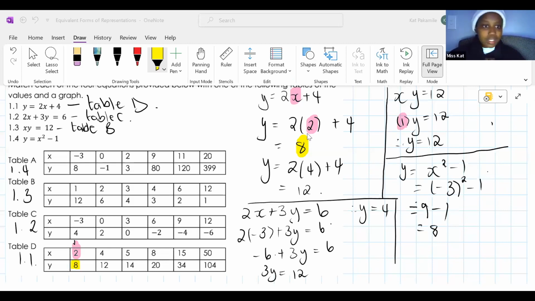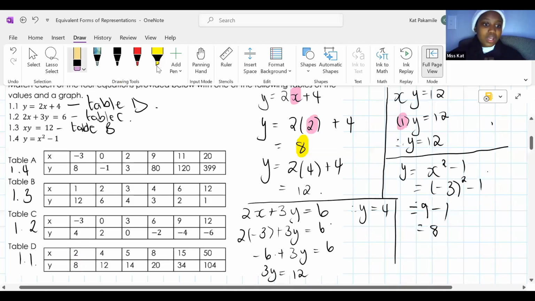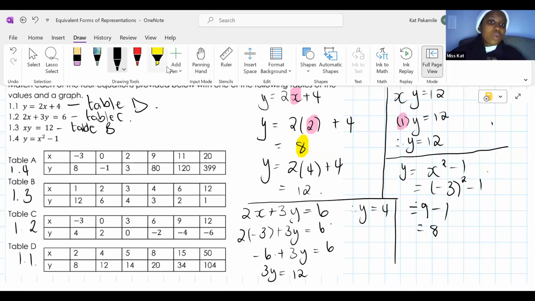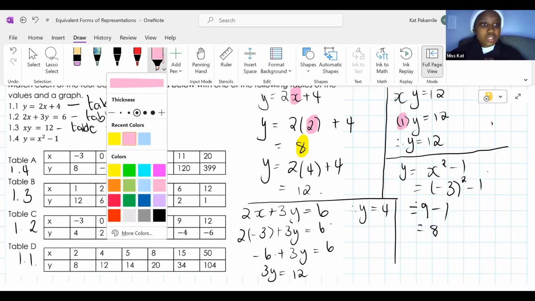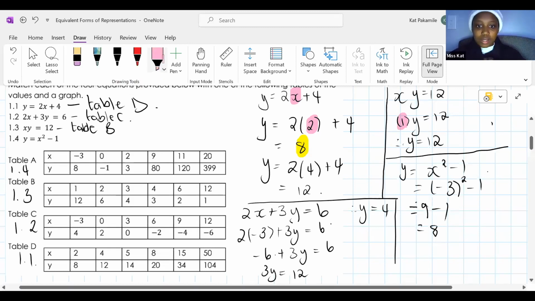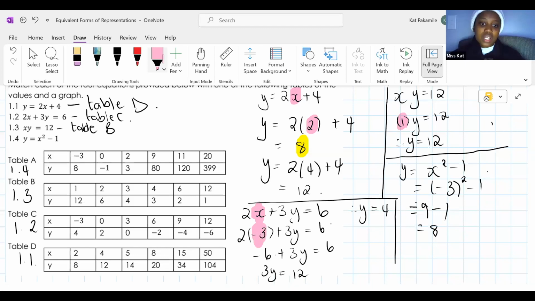Listen carefully, guys. I just explained C, and I'm going to explain it again. We are just substituting. 2x plus 3y equals 6. Wherever you see an x, put your input. I chose an input of -3, and it gave us an output of 4.